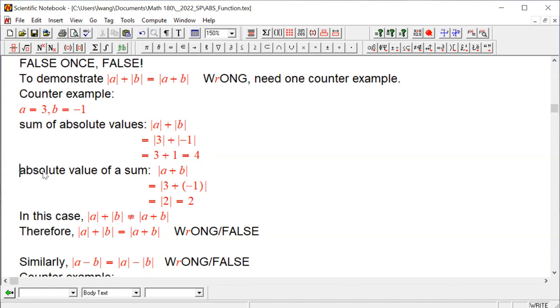The second one, the absolute value of a sum, we do A plus B inside first, and we get 2, and then take the absolute value. So in this one case, the sum of absolute values is not the same as the absolute value of the sum. Therefore, that statement is false, false ones, false.